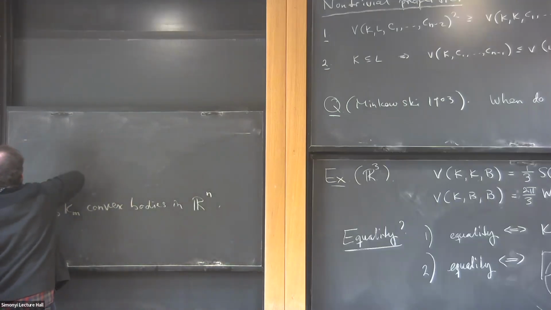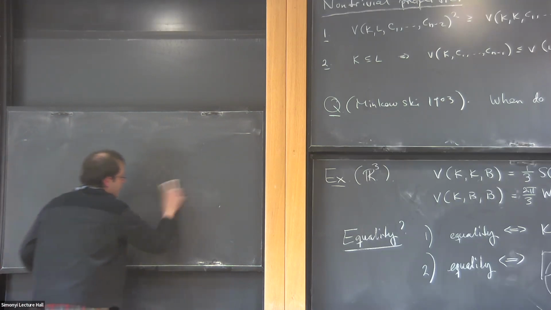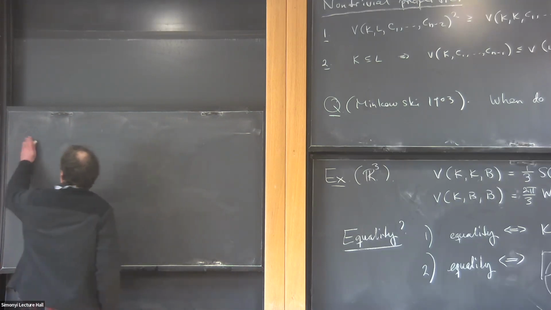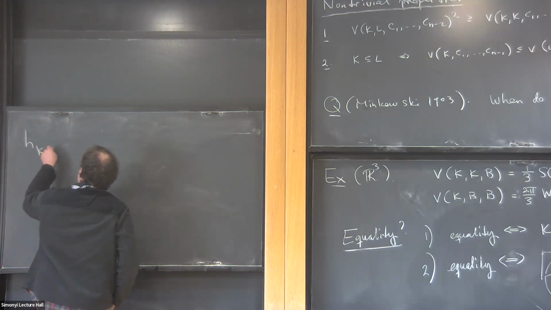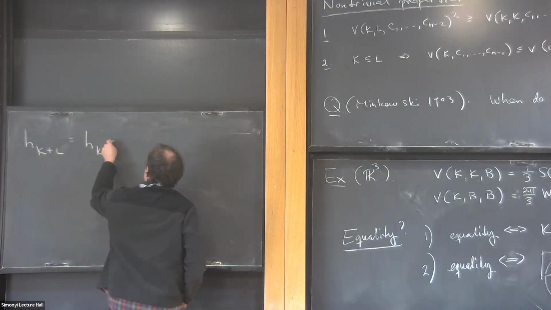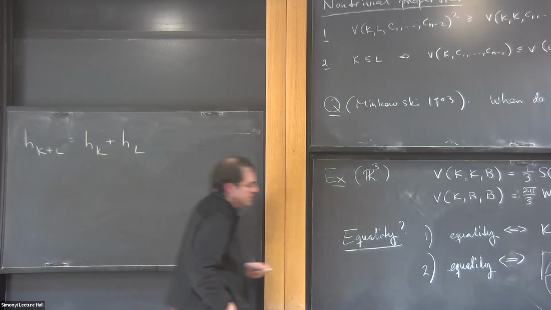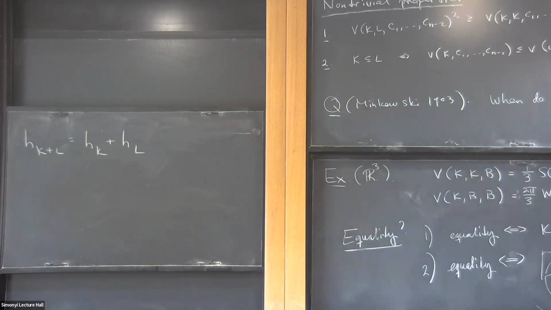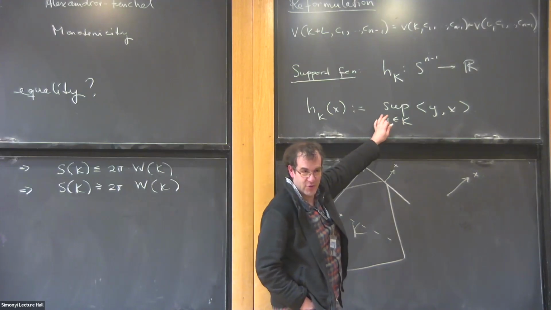So this support function contains all of the information about the body. Moreover, it has the property that if I take the sum of two convex bodies, then the support function of the sum is just the sum of the support functions. This is obvious from the definition. You just look at the definition over here.